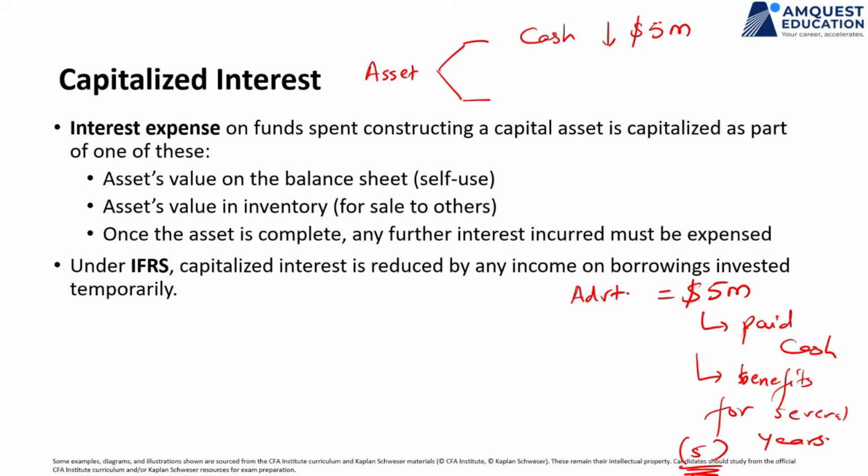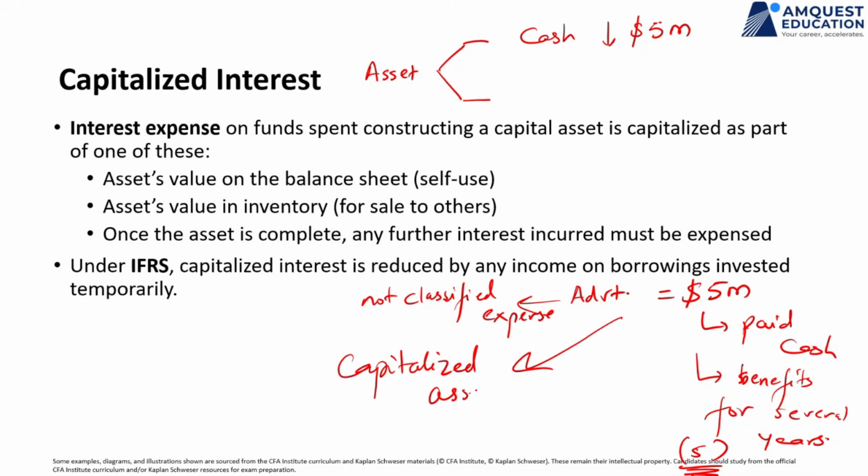This $5 million is not classified as an expense. We don't treat it as an expense. We treat this as a capitalized asset, and the process is called capitalization. So whenever someone tells you that there's a capitalization process, what happens?